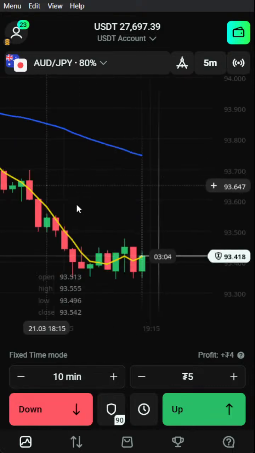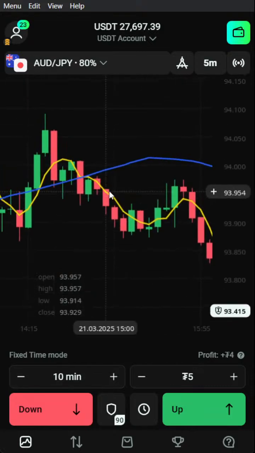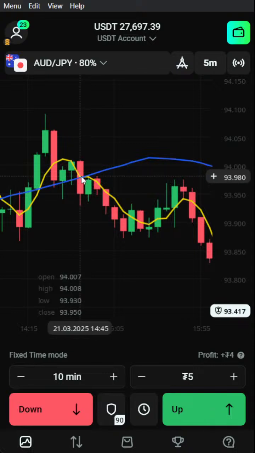Because even, for example, let's actually check. Okay, here the trend changed. It went below the blue line. So here I could have made a down trade, but what happened? The next candle that formed was green. Later on there was a downtrend, but if I would have made a trade in the down direction somewhere over here, as soon as I see this candle, I would lose that trade.